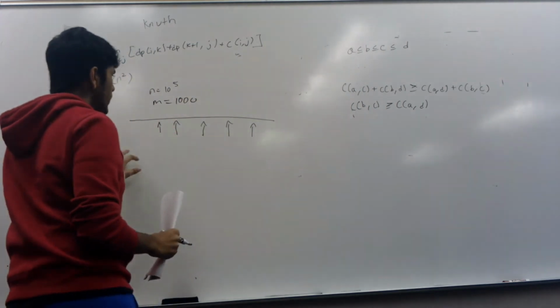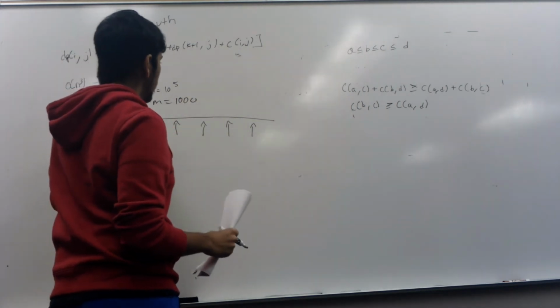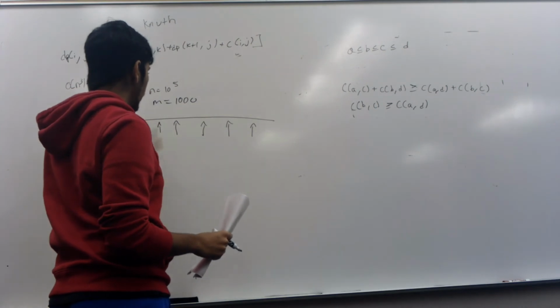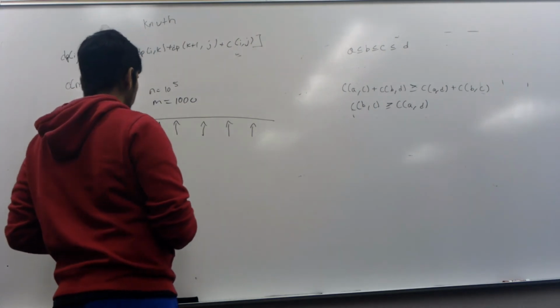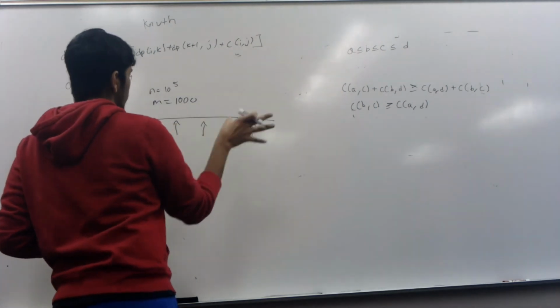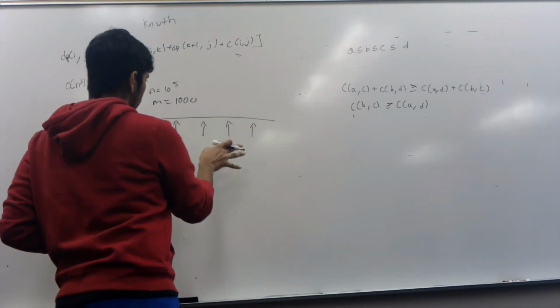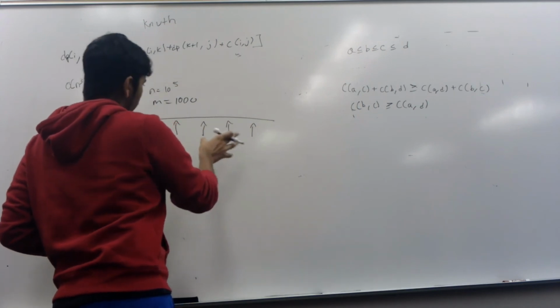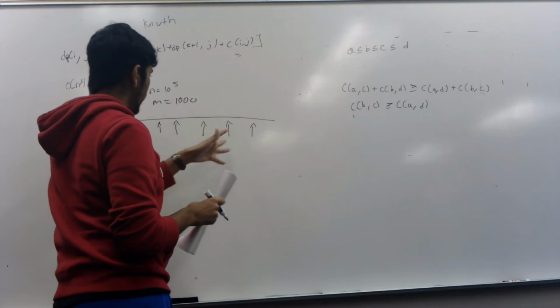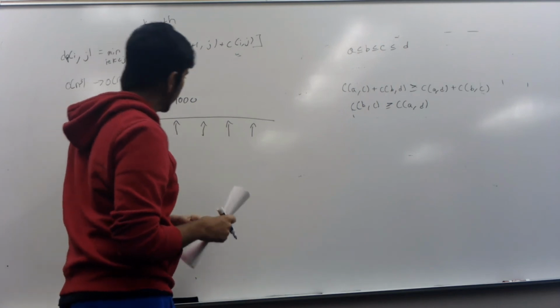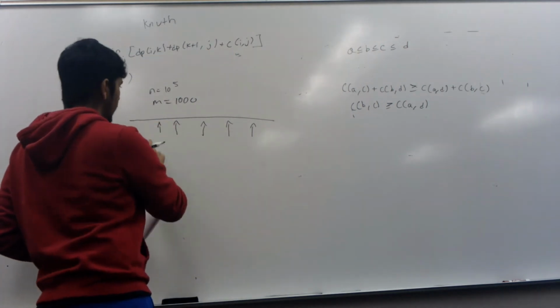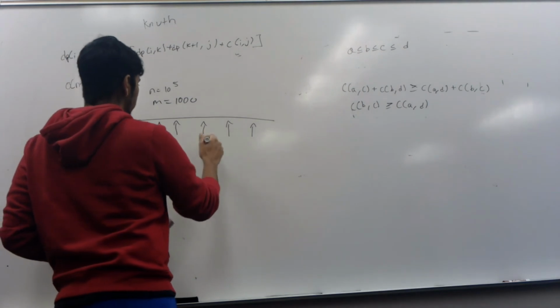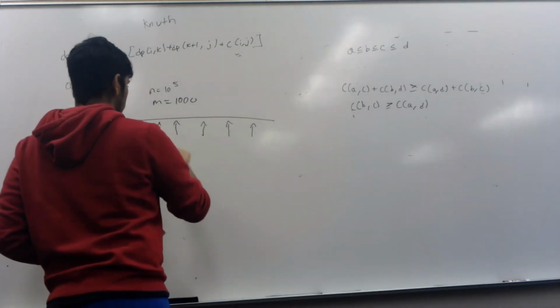And the cost of cutting is the size of the bar before you cut it, and then you want to find the optimal way to cut it such that the cost is minimized. So if I cut over here first, then the cost will be this entire thing.